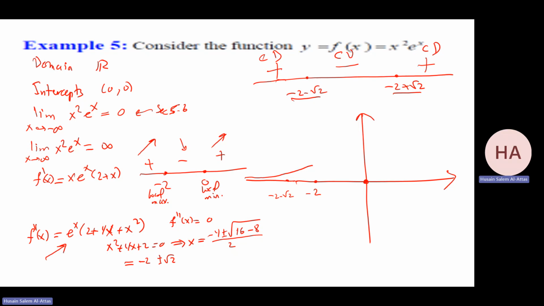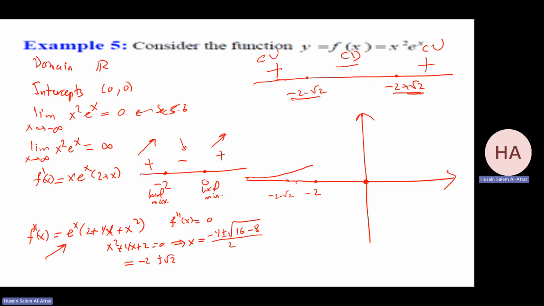0 is where? This one is less than 0. 0 is here, okay. Then what is this? This is concave up, this is concave down, this is concave up.